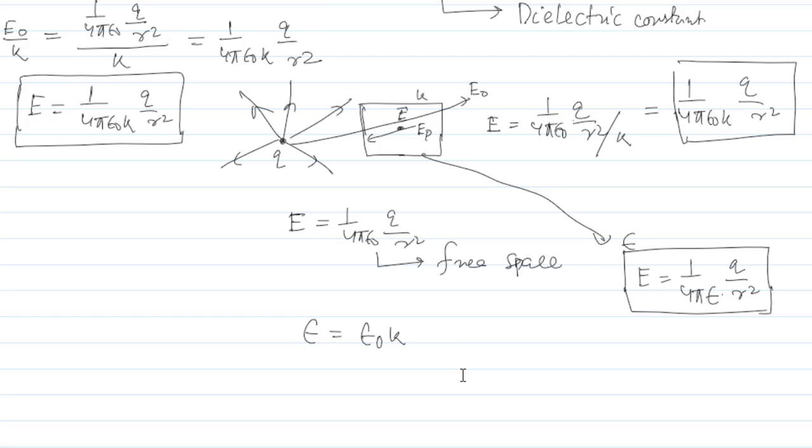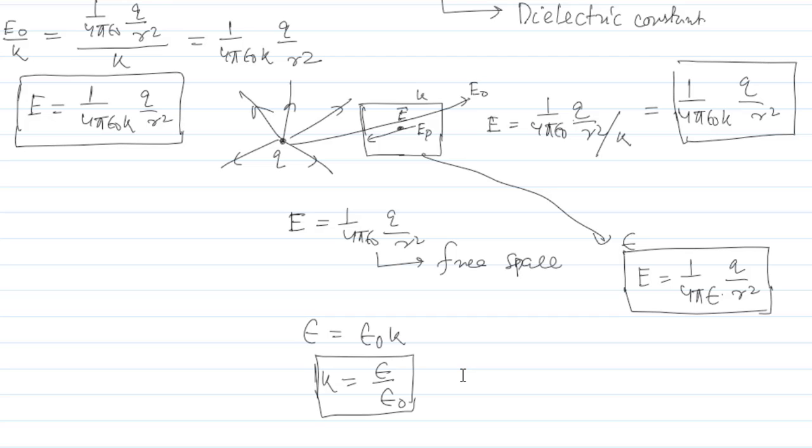So we can say k equal to epsilon by epsilon naught. That means k shows how much fraction the permittivity of the medium is with respect to the permittivity of the free space.